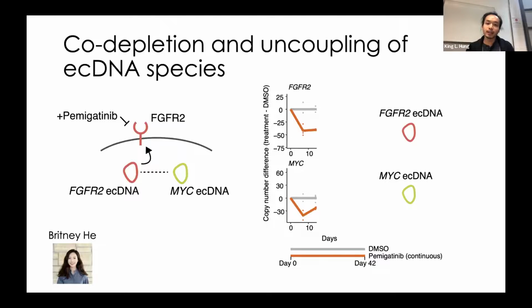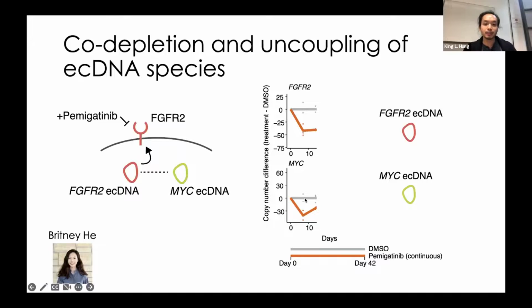In the first 2 weeks, what we saw was the copy number of FGFR2 ecDNA decreased, which makes sense because the high copy number is driven by selective advantage. When we remove the selective advantage, we select over time cells with lower copy numbers.